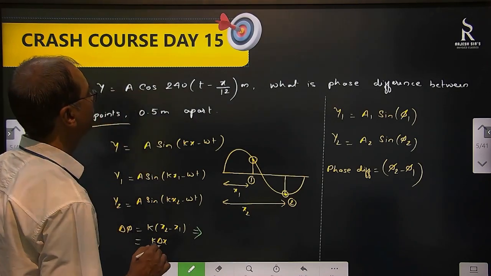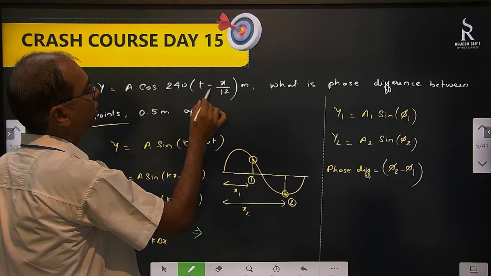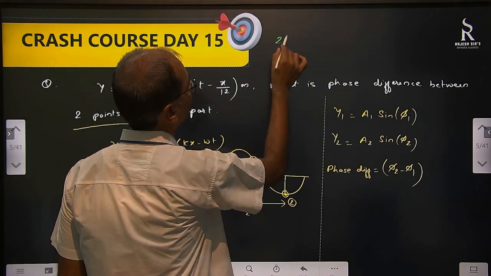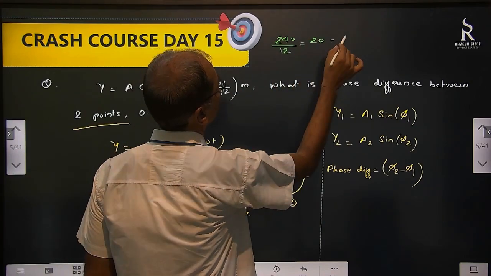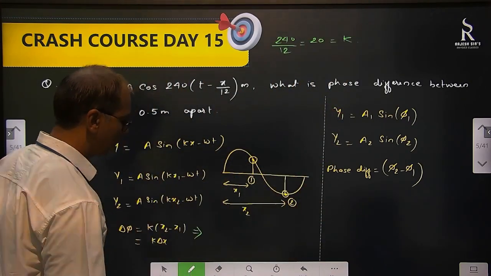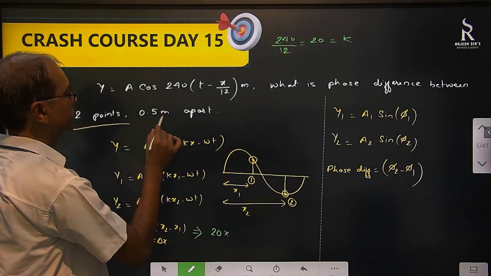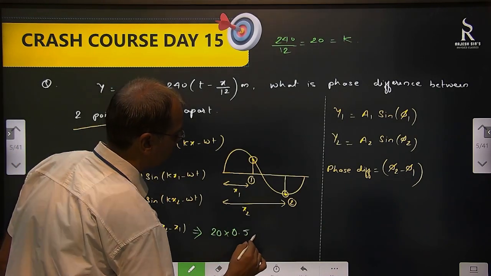What do we have? k only we have, k means the coefficient of x. So 240 into x by 12. 240 by 12 is 20. This is the value of k. So put it here, 20. Now the delta x value is given, 0.5. So 20 times 0.5, the answer is 10.